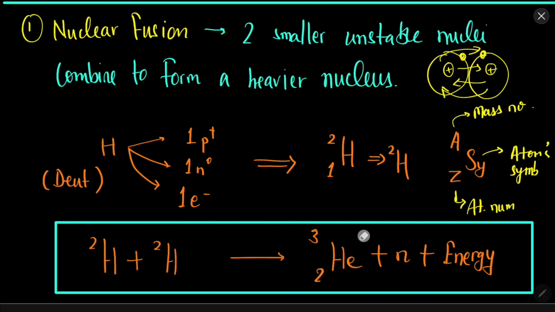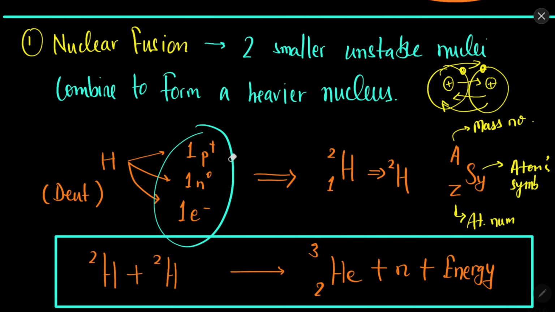Obviously helium is not the most stable, but it is more stable than this. Further, helium will get fused into another heavier nucleus. So this example is there when deuterium combines to form helium. Remember what is deuterium? Deuterium is the isotope of hydrogen having 1 neutron and 1 proton. This is deuterium.